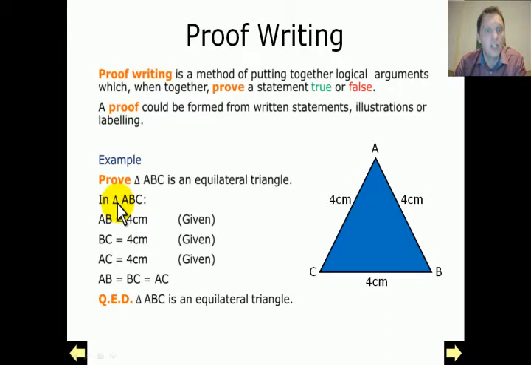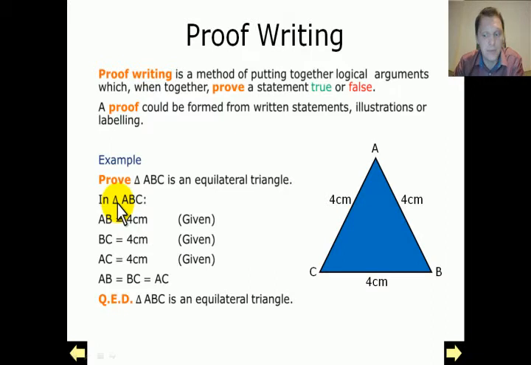My next statement is confirming that AB equals BC equals AC. So each one of these sides is equal. So QED, triangle ABC is an equilateral triangle.